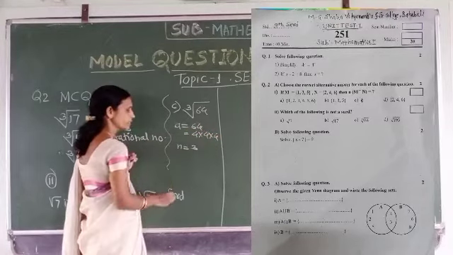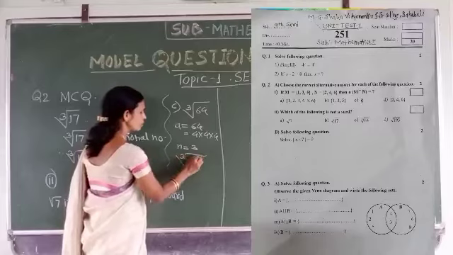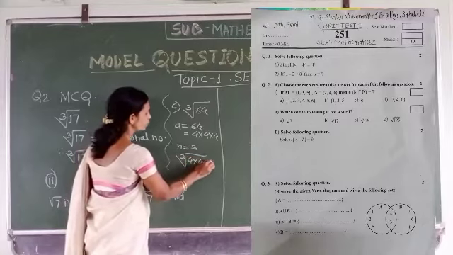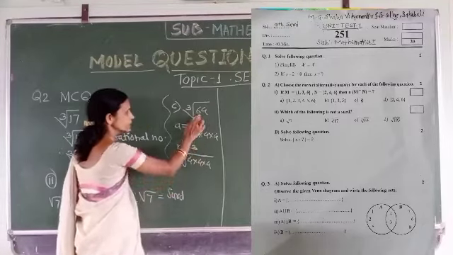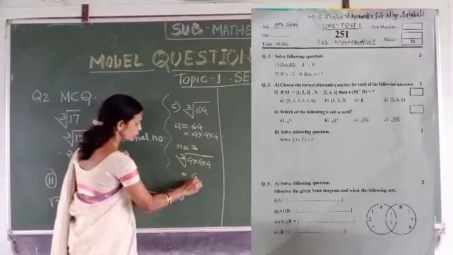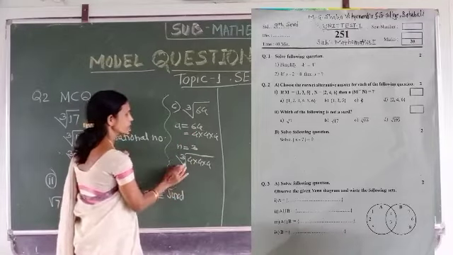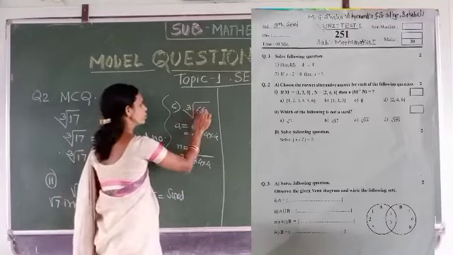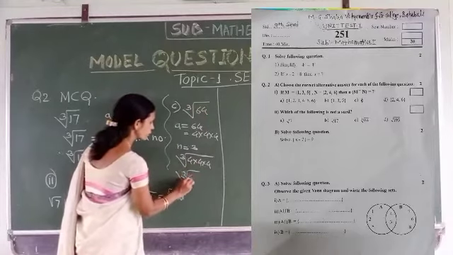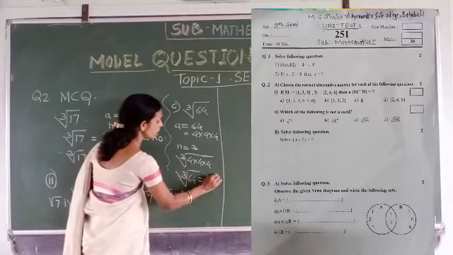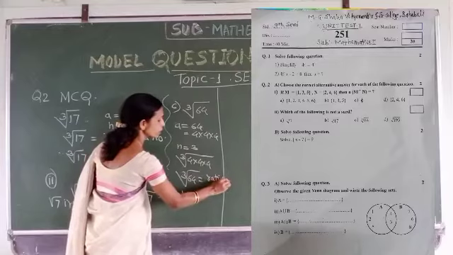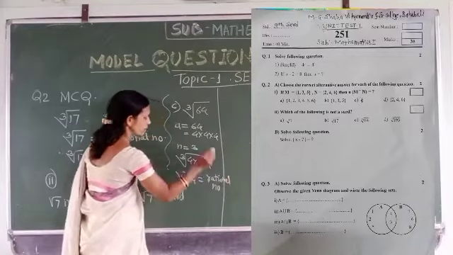It can be factorized. Therefore, cube root of 4 into 4 into 4, that means cube root of 64 is 4. And the value of cube root of 64 is a rational number. It is not an irrational number.